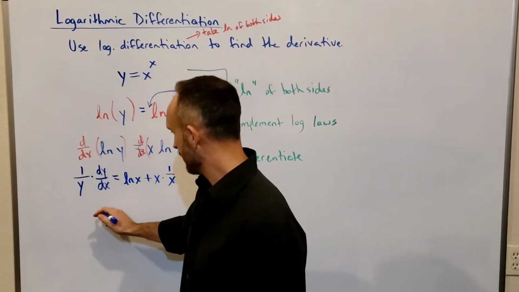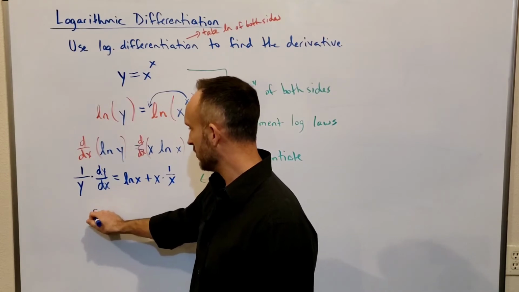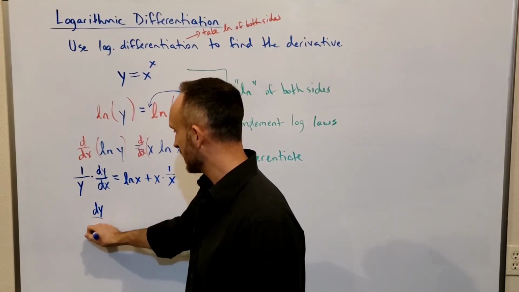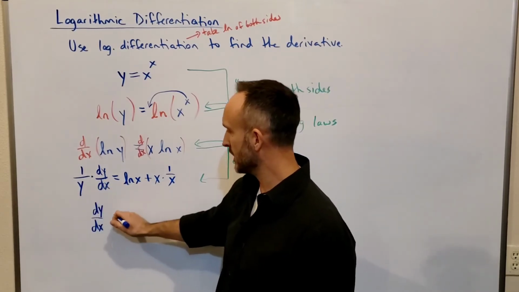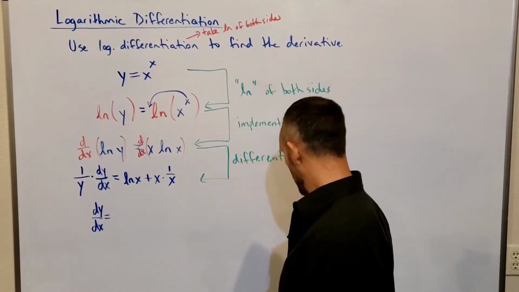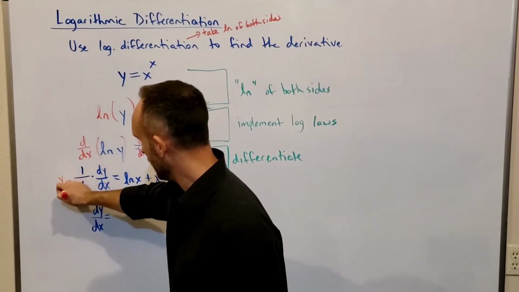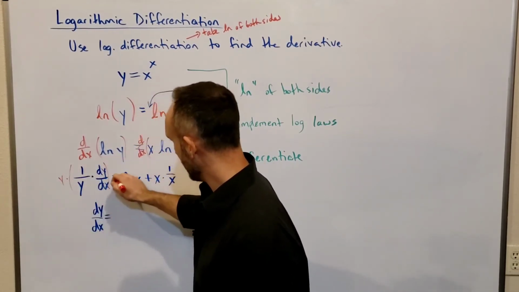So we end up with, I'm going to do two things at once here. We're trying to solve for dy/dx, so I'm going to multiply both sides by y, to get rid of the 1 over y.